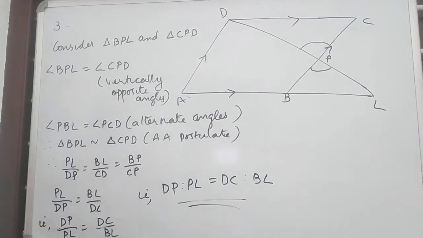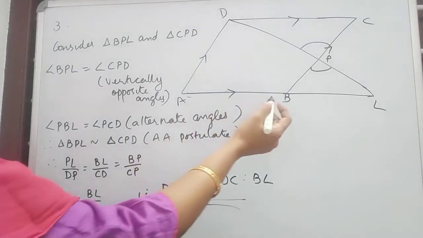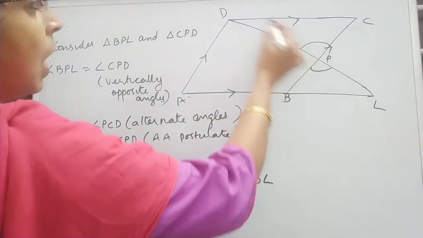Next, given DC and AB are parallel. So which two will be the alternate angles? PB, L, these two are parallel lines.